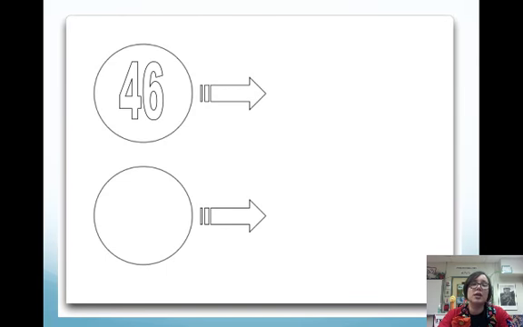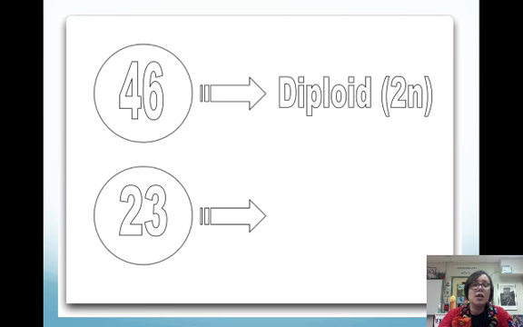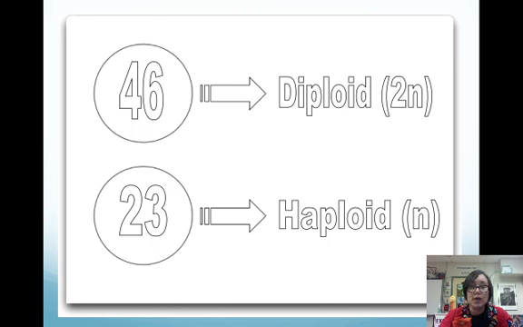Here's another way of thinking about it. If our chromosomes are 46 in a cell, the vocabulary term that we would use for that is diploid, and the abbreviation would be 2N. If instead we had a cell that only had 23, or half the number of chromosomes, we would call that cell haploid, and we would abbreviate it by the letter N.